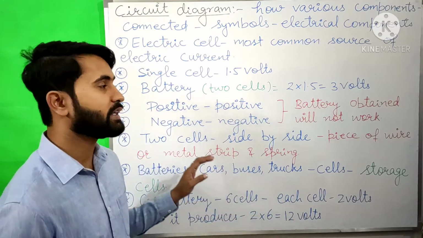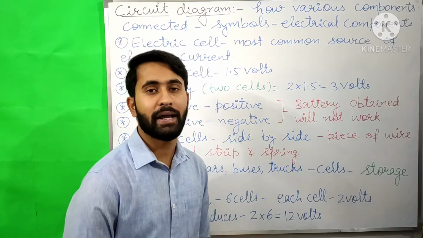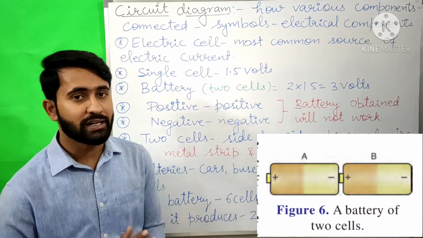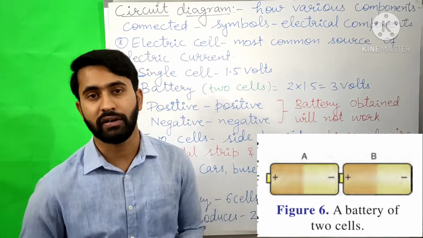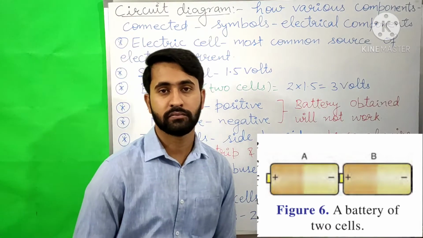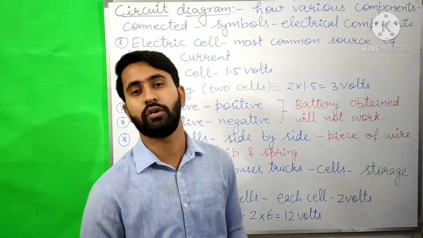The higher voltage can be obtained by joining two or more cells. When the positive terminal of one cell is connected with the negative terminal of another cell, it is known as a battery. So we can make a battery for getting more voltage.